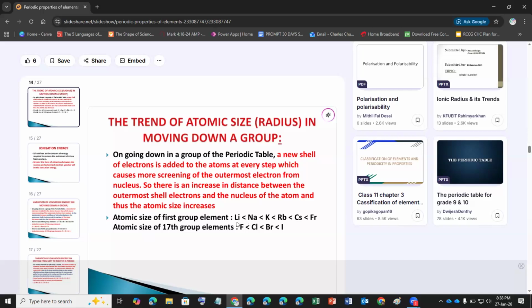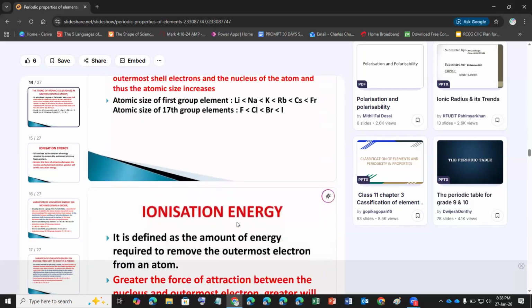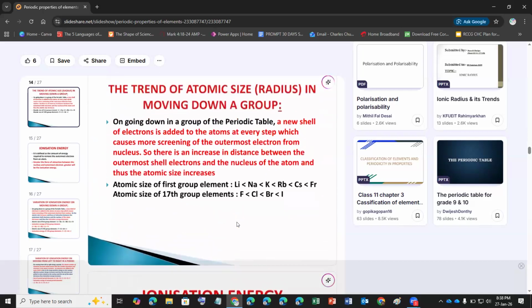So let me see if I can draw how it would look, right? Okay. So lithium is Li, I think that's 3.